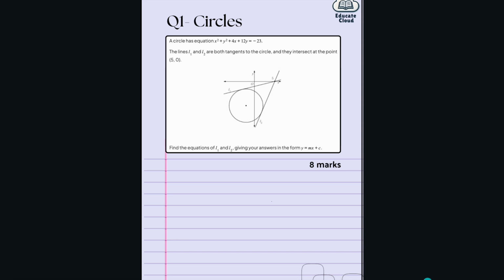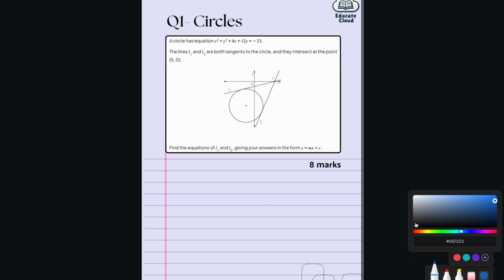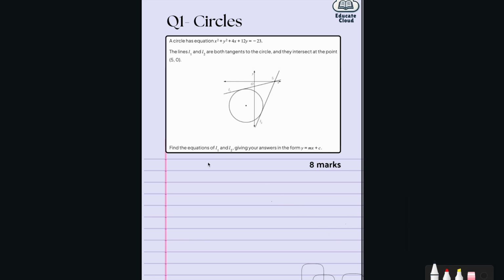The first thing we do, like we do with any circle question, is group the terms and complete the square. So x squared plus y squared plus 4x plus 12y is equal to minus 23. X squared plus 4x we put together, and y squared plus 12y together, equals minus 23.